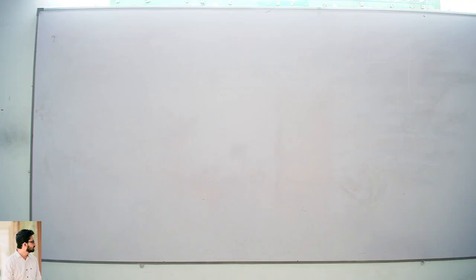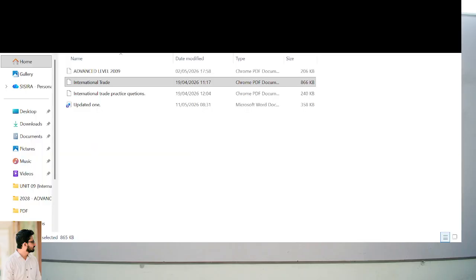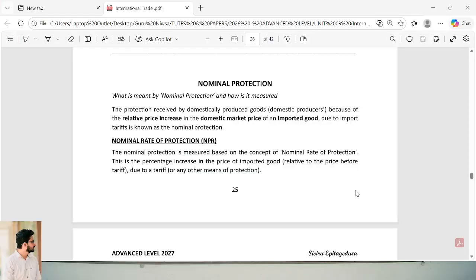Dumping. Okay. Nominal rate of protection.